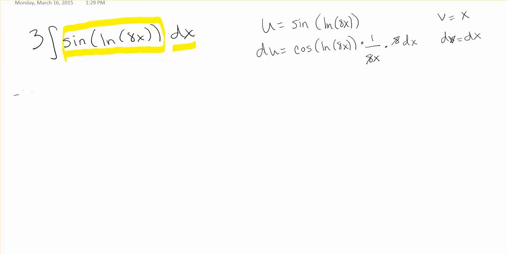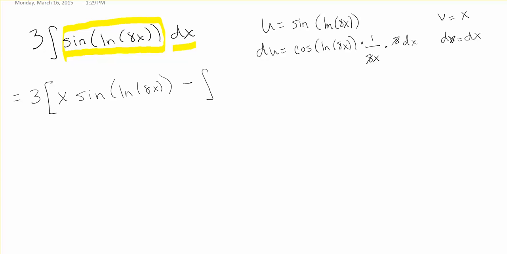So this integral is going to be 3, and remember we go uv, so that's going to be x times the sine of ln of 8x. I did vu because it just worked out a little cleaner, minus the integral of v du.